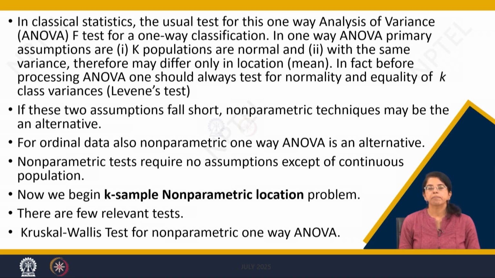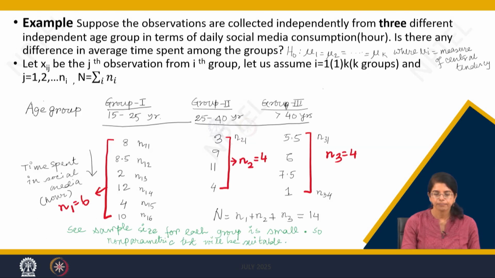Now we begin the k-sample non-parametric location problem. There are a few relevant tests related to the k-sample non-parametric location problem, but here we are going to study the Kruskal-Wallis test, the most widely used one-way non-parametric ANOVA test. Let us have one quick example so that you have an idea of when you need to apply non-parametric one-way ANOVA, or more specifically the Kruskal-Wallis test.